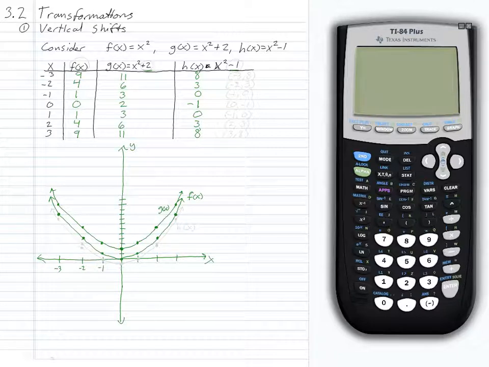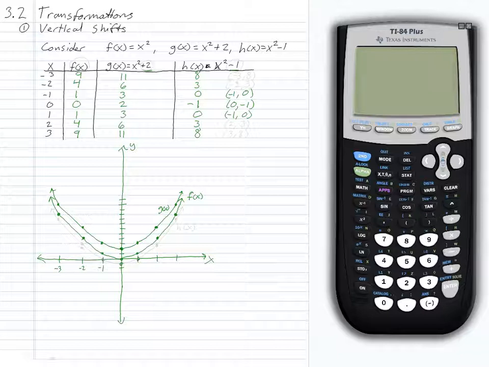Now h of x is going to involve going in the opposite direction. If we put a couple of points below the axis, that'll help. So 0 gave us an output of negative 1. So if we plot the point 0, negative 1, it's going to be on the y-axis. We got the points 1, 0, and negative 1, 0.